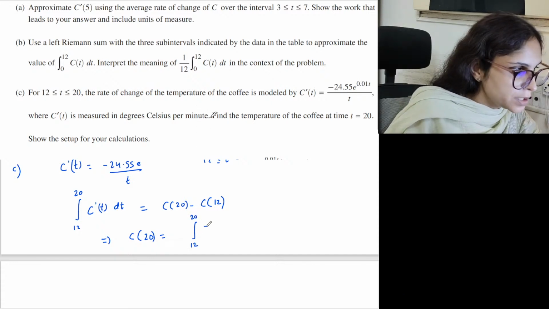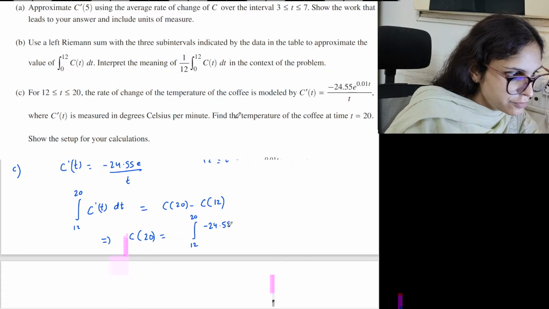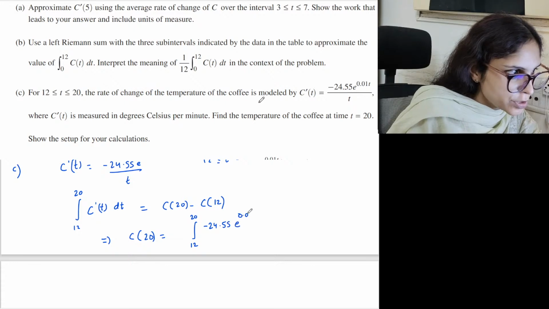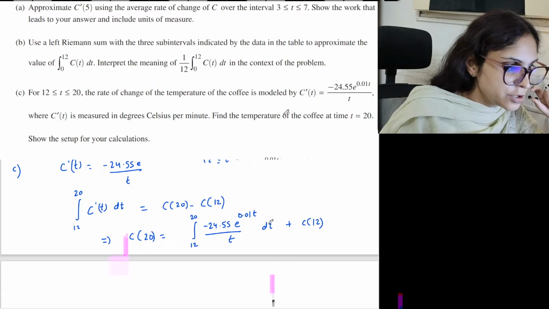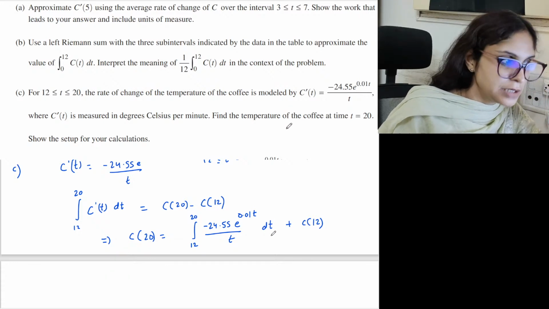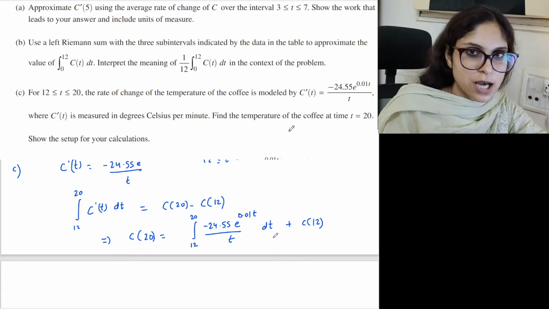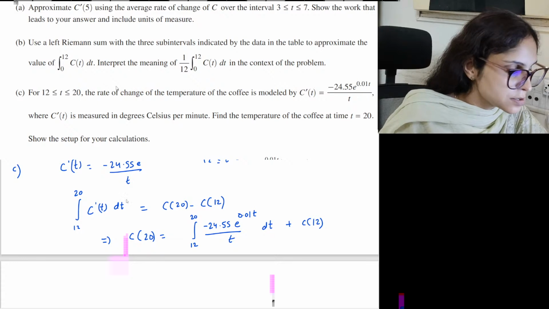So integral from 12 to 20 of negative 24.55 e to the power 0.01 t divided by t dt plus C of 12. C of 12 is given in the table. This integration we can find using the calculator, because graphing calculator is allowed, and we just have to add both of them and we will get our answer.